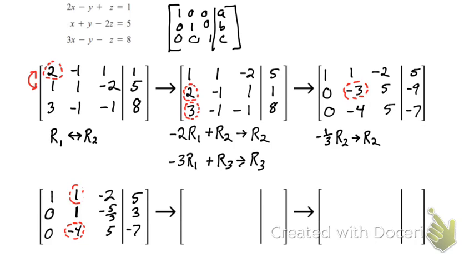So we're going to say negative row 2 plus row 1 is going to become my new row 1. So we're multiplying everything in this row by negative 1, adding it to row 1, and replacing row 1 with that information. So we have negative 0 plus 1.